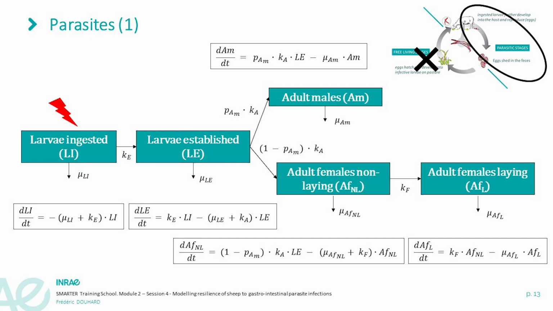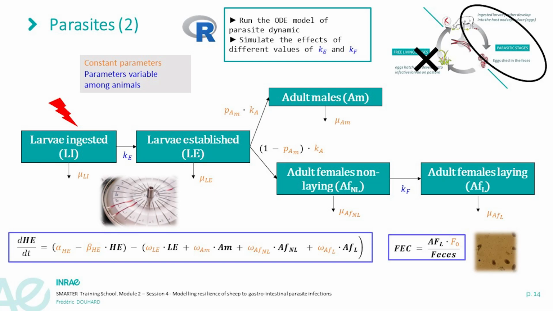And finally, you see that you have your compartment of adult females with the inputs and outputs. Well, in this model, we need to relate it to the outputs that we observe.